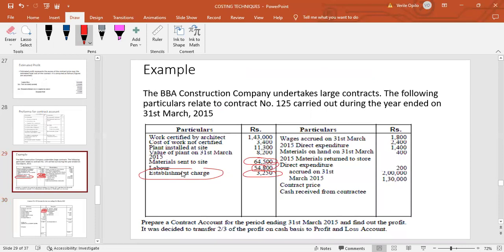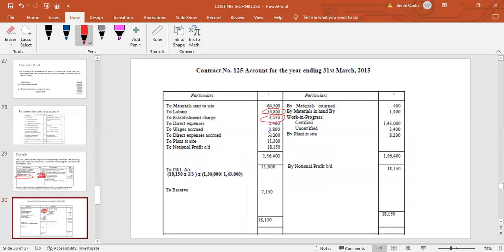What other expenses were incurred? So we have direct expenditure. We were told that the wages accrued were equal to 1,800 on the 31st of March 2015. And also there was some direct expenditure. So in that case, we come here and show that we have a total of direct expenses of 2,400.